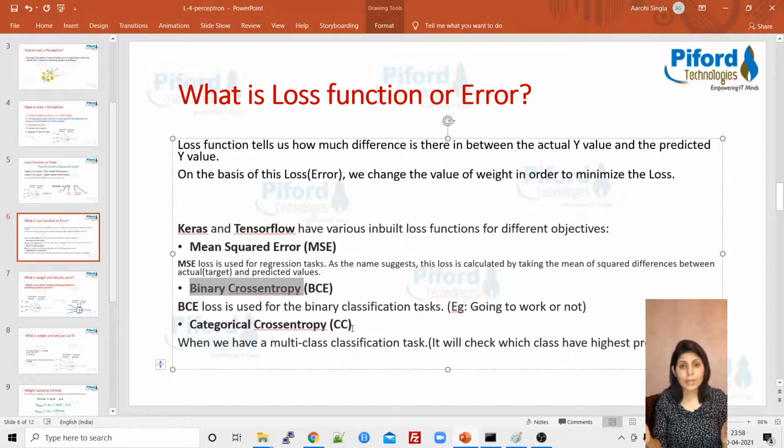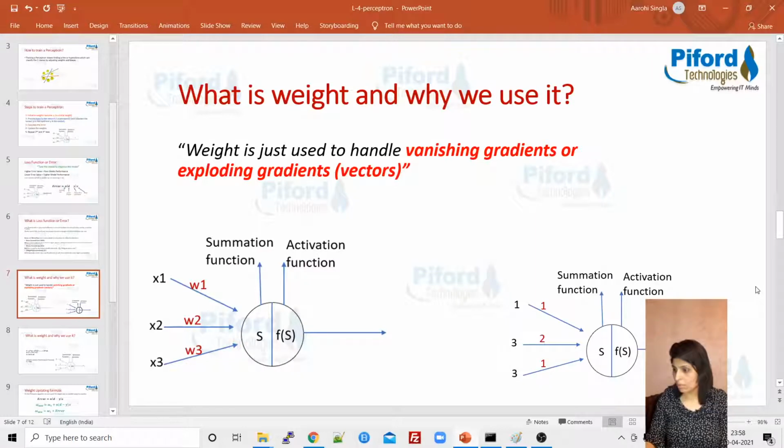By changing the value of the weights. The initial weight value we decide ourselves, but after that you need to keep changing the weight value and, after each change, check the loss function. That is how you can find out whether your algorithm is improving or not. So this is what a loss function is.